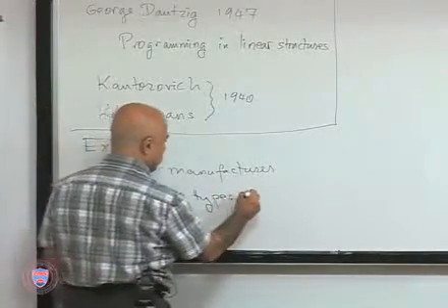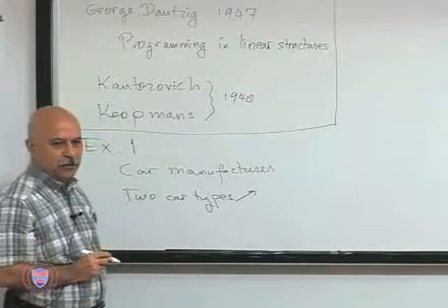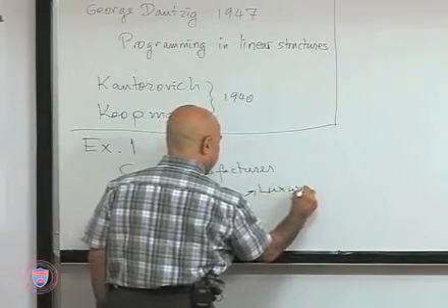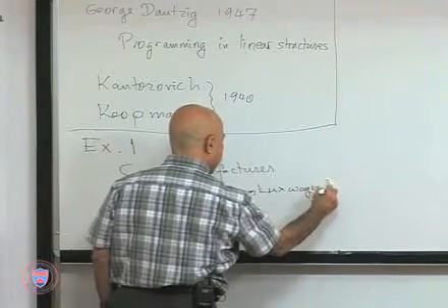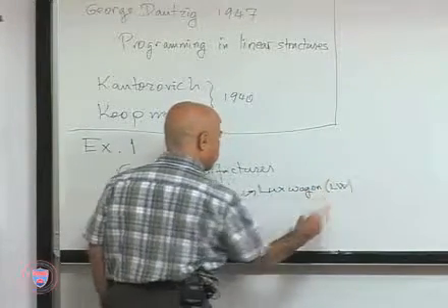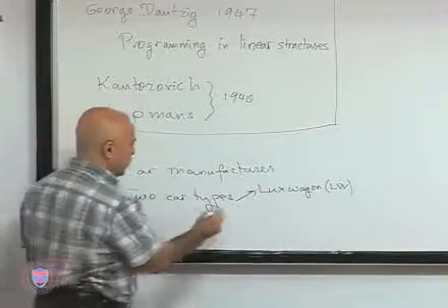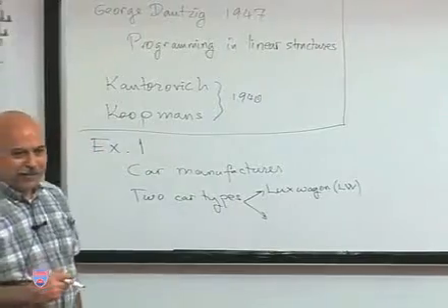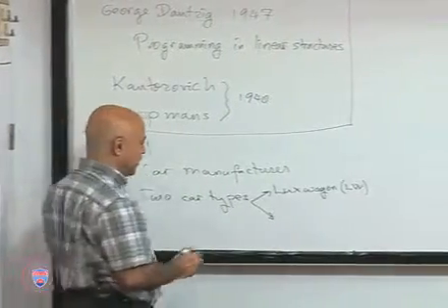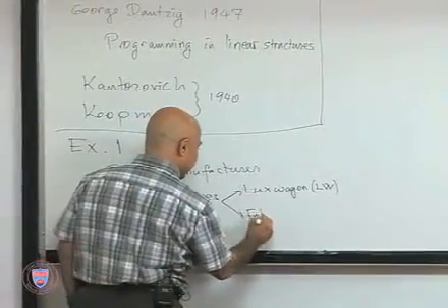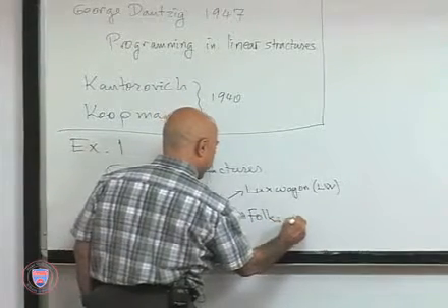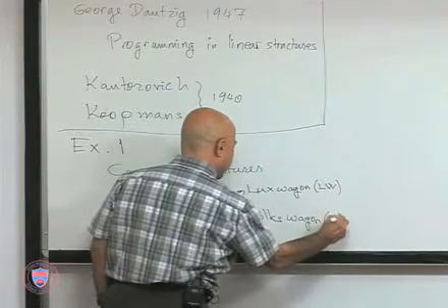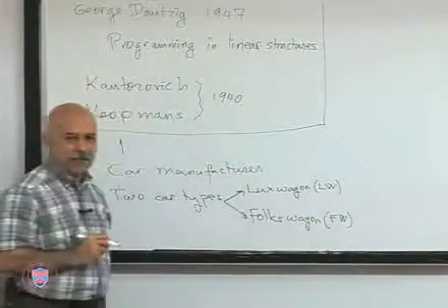And one of them is sort of a luxurious type, so let's call it the Lux wagon. And I'll abbreviate it to LW. The second one is more for down-to-earth people, so it's called the Volkswagen. And I'll abbreviate that to FW.